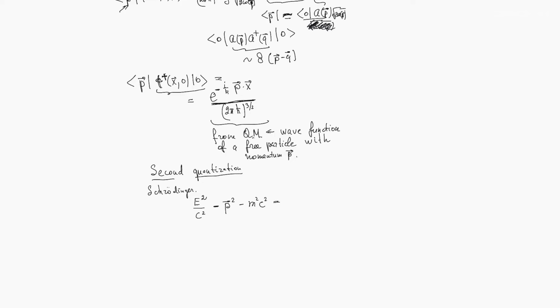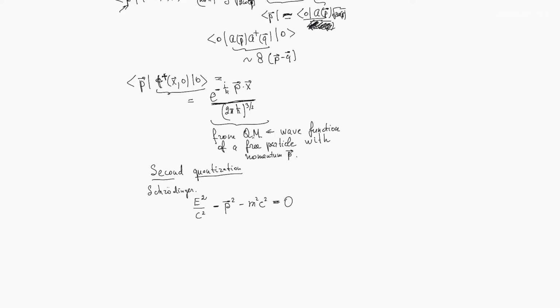This is the relation which we call the mass shell condition, but in fact this is a dispersion relation for a relativistic particle, which relates the energy of this particle with its momentum.